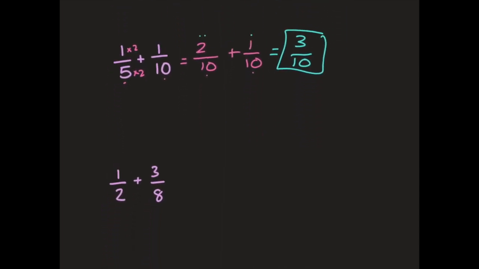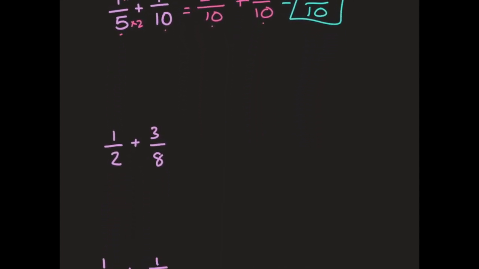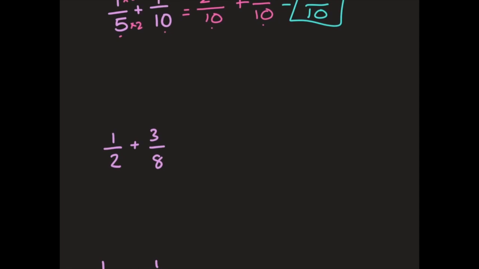All right, another example. 1/2 plus 3/8. Again, can I turn the smaller number into the bigger number by multiplying? Can I turn a 2 into an 8 by multiplying? That answer is a yes. So I'm going to multiply by 4. And remember, whatever you do to the bottom, you have to do to the top. So when I rewrite this, 1 times 4 equals 4. 2 times 4 is 8.